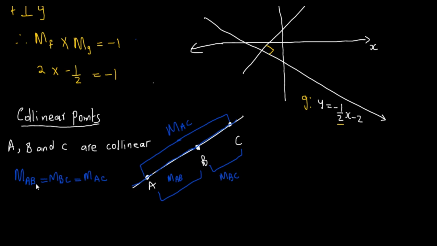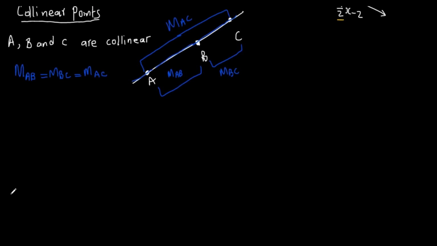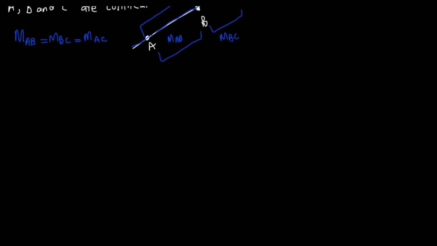Okay, so the last thing that we're going to work on in this lesson is drawing a straight line. There are 4 types of equations, and that's what I need us to work on.